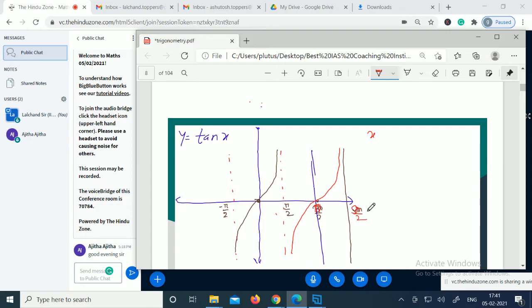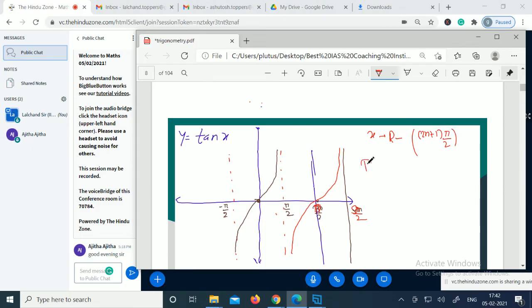So there is always a problem at 90 degrees. So we can write R minus odd multiples, (2n plus 1) pi by 2, because the problems are at pi by 2, 3 pi by 2, isn't it? So odd multiples of pi by 2.